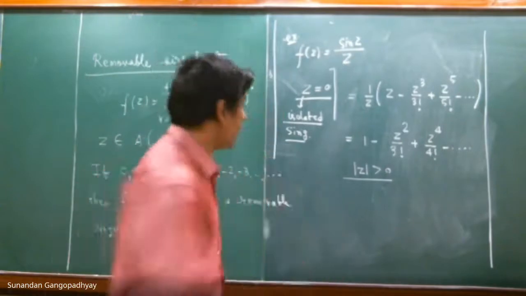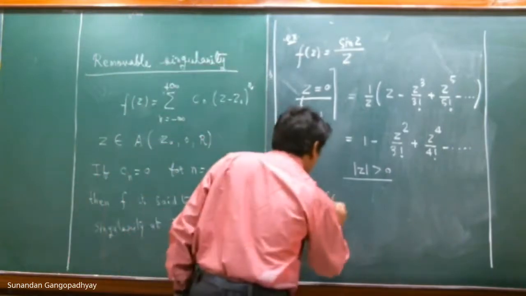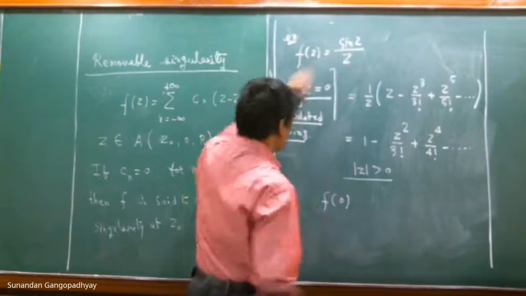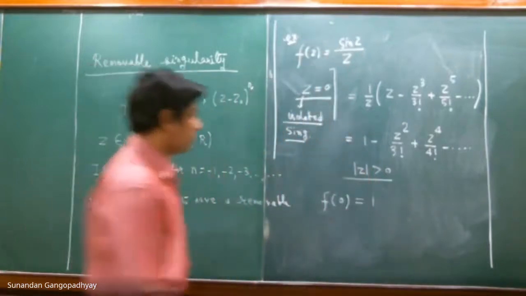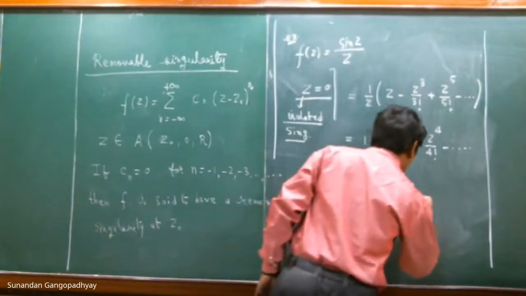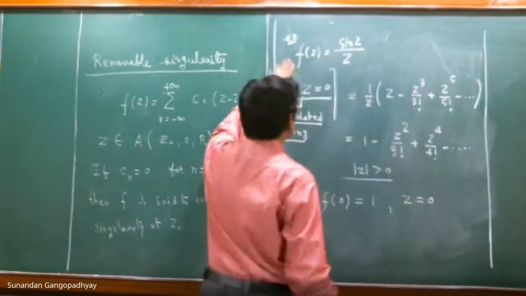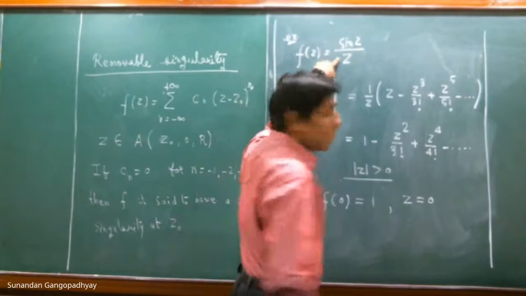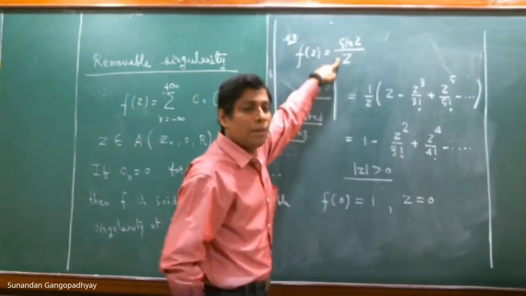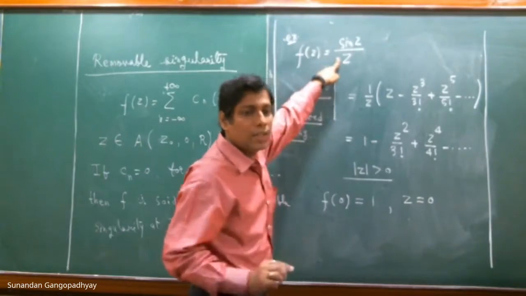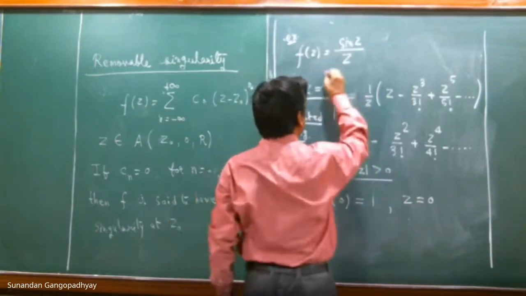So what we can do is define the function f of 0 to be equal to 1. We are saying that this has a singularity at z is equal to 0, but you can remove that singularity by defining the function in a clever way. How do you define it?